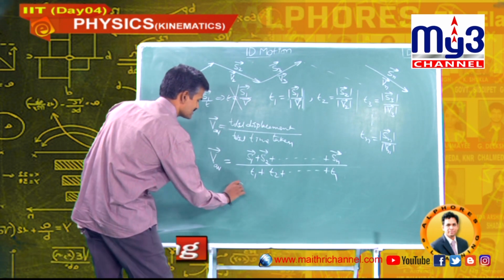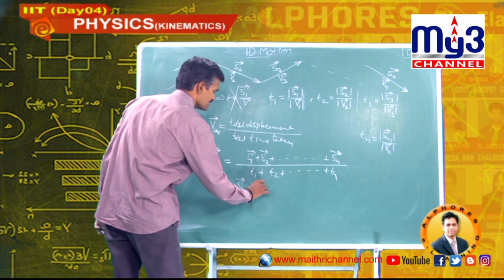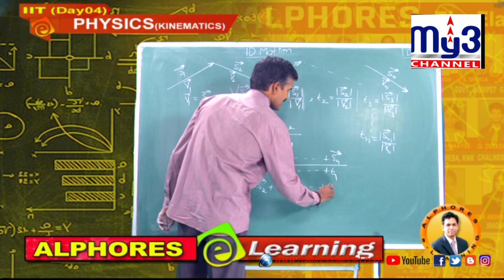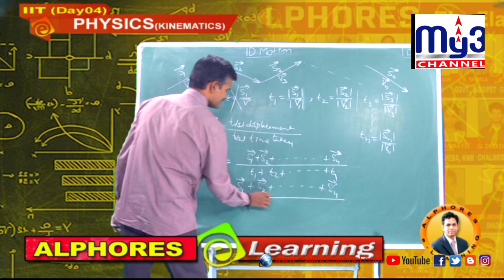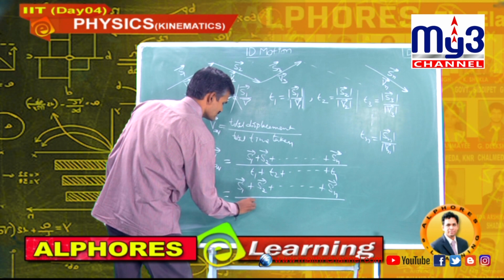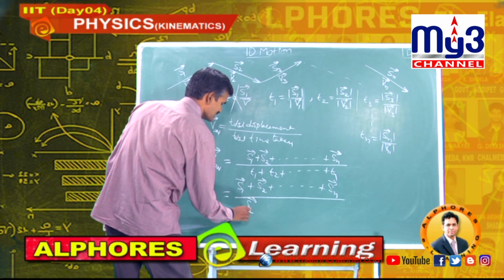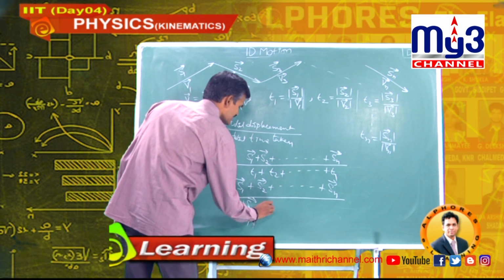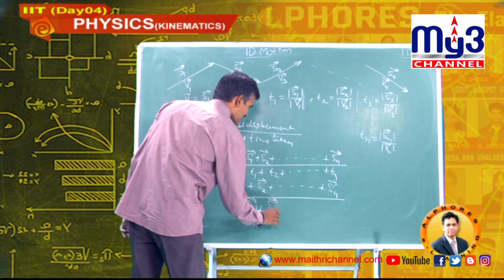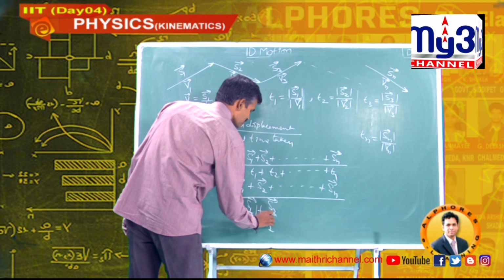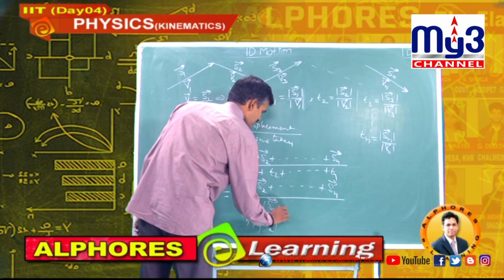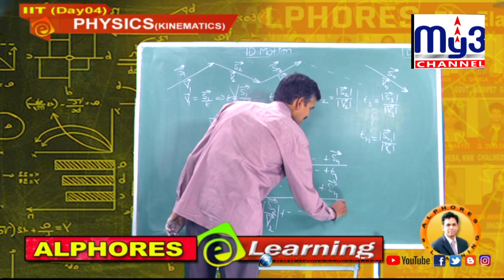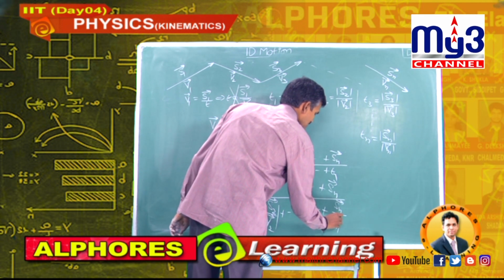So, it becomes S1 bar plus S2 bar and so on plus Sn bar by, T1 is mod S1 bar by mod V1 bar, plus T2 is mod S2 bar by mod V2 bar, and so on plus mod Sn bar by mod Vn bar.